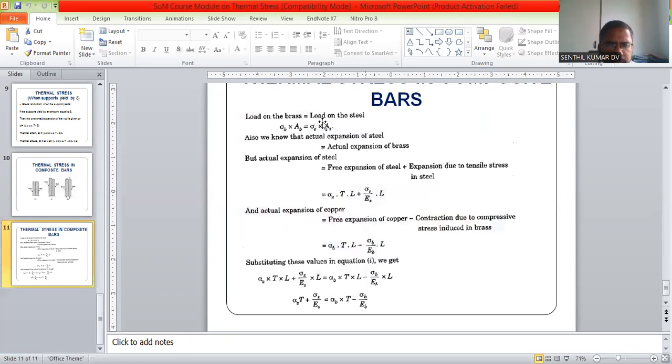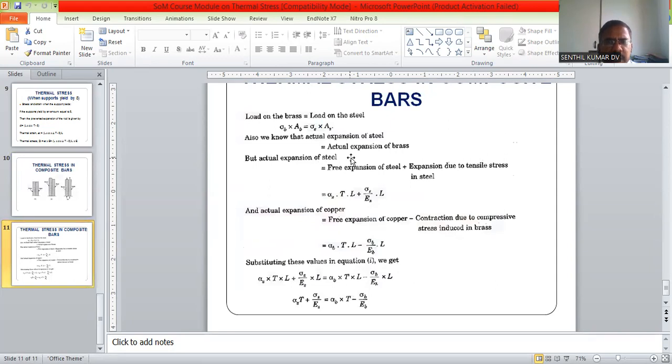Here, due to equilibrium, the compressive load exerted by steel on brass will be equal to the tensile load exerted by brass on steel. Also, we know that the final expansion of steel will be equal to the final expansion of the brass, because these two form a composite bar, which is a single unit.